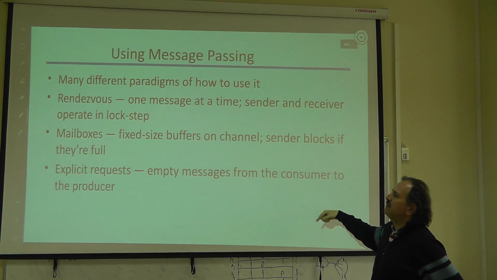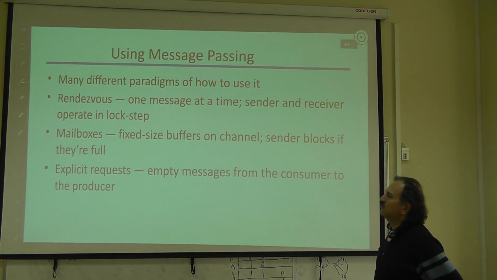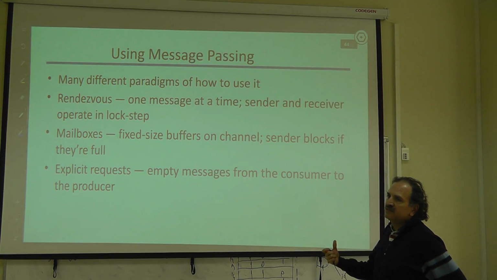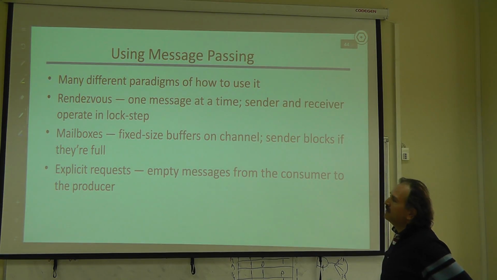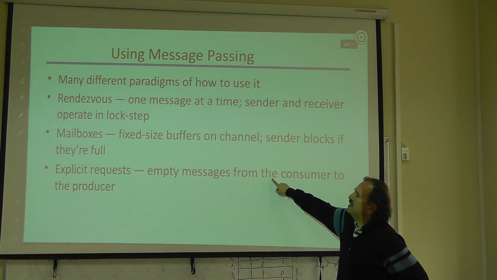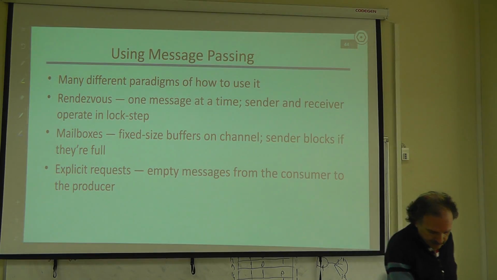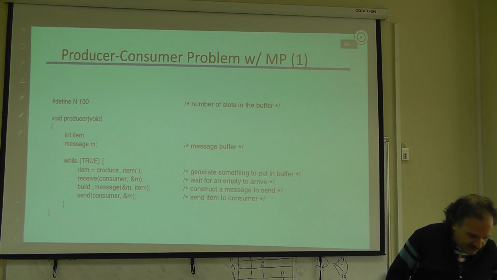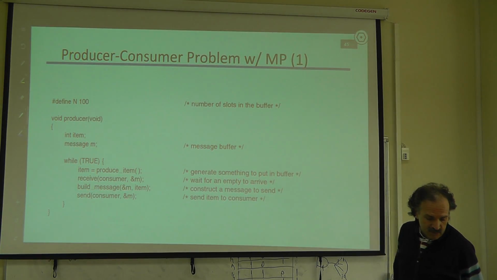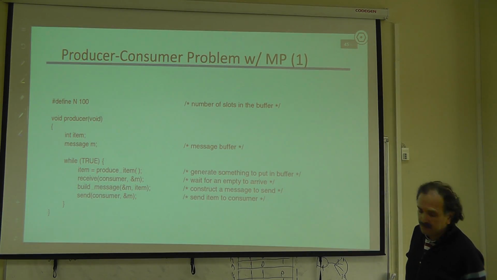Consumer sends empty messages, with buffers, to the producer. The producer fills them and sends them back to the consumer. And we will look at an example of this one. Okay, producer-consumer problem with message passing.